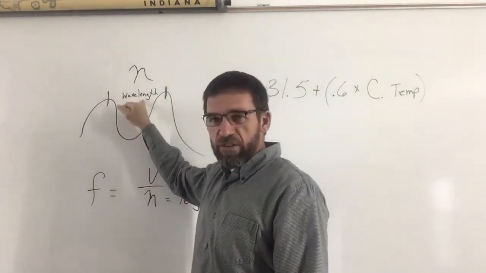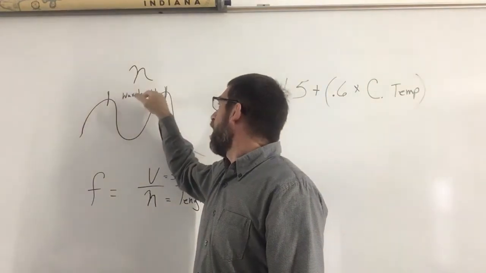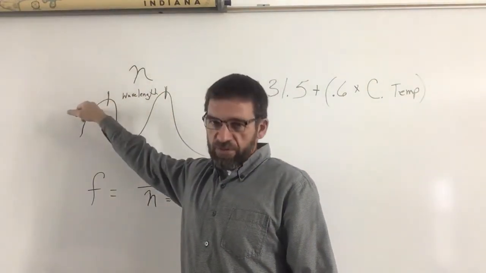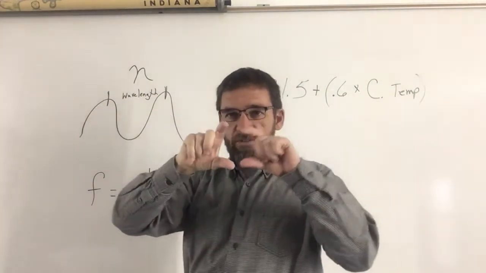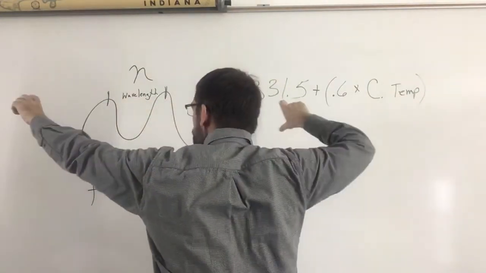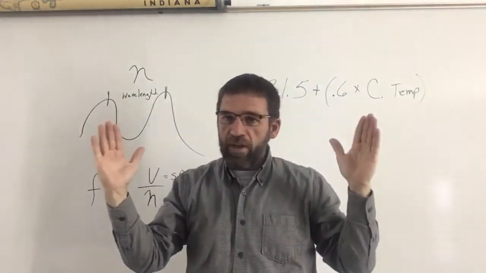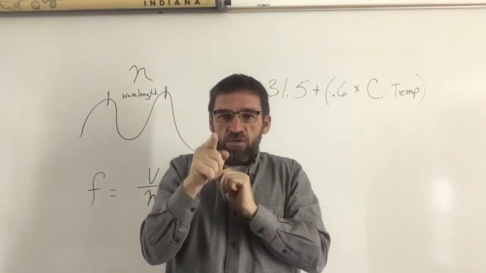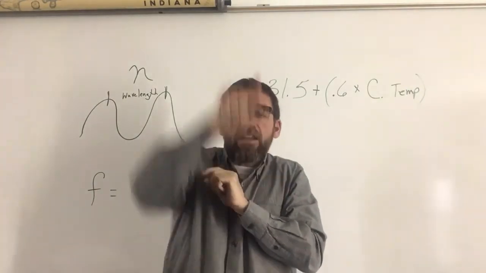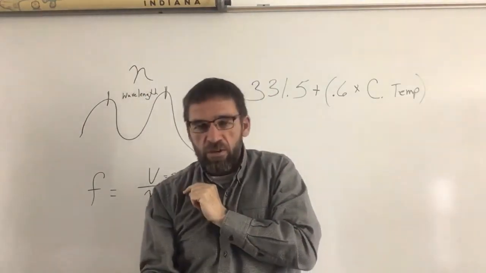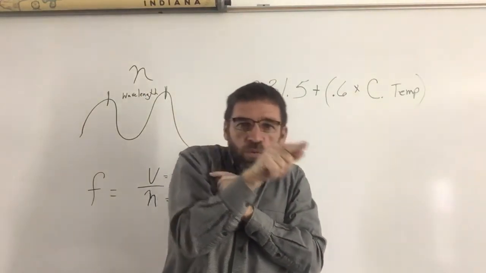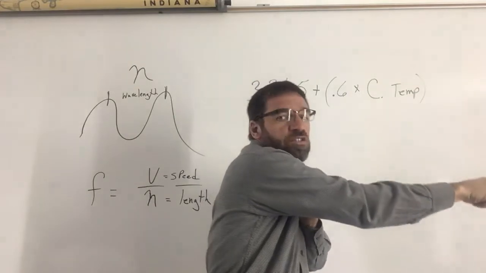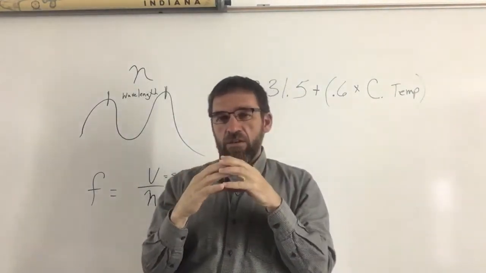And wavelength is from the top of the crest to the top of the next crest. These wavelengths can be stretched out, or like we talked about earlier, they can be pushed together. So you can have them real close and tall, or they can be long and stretched out.